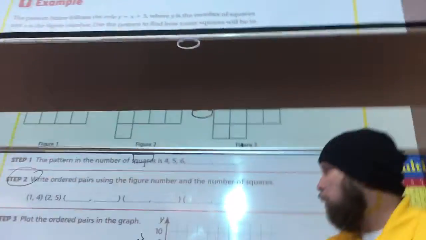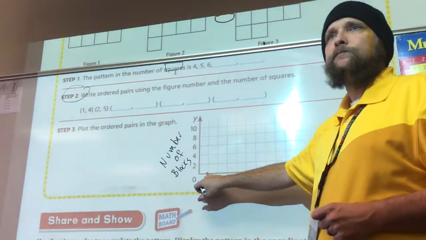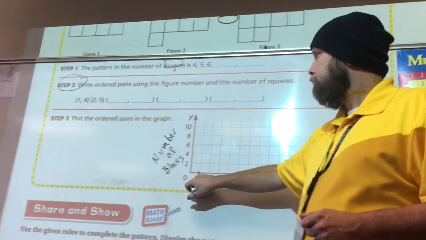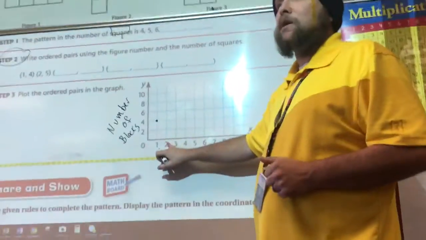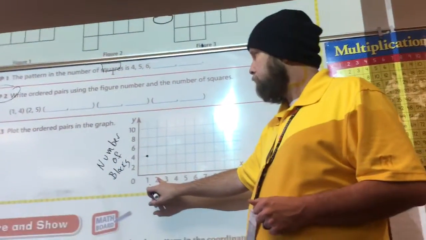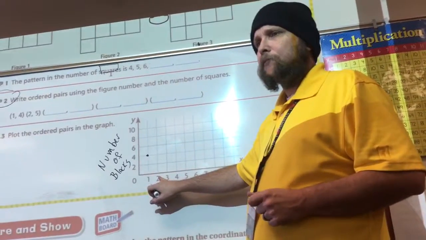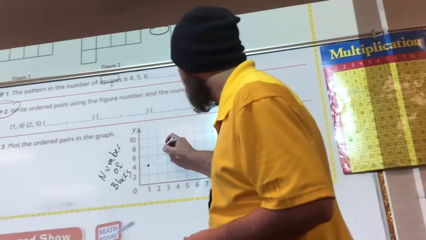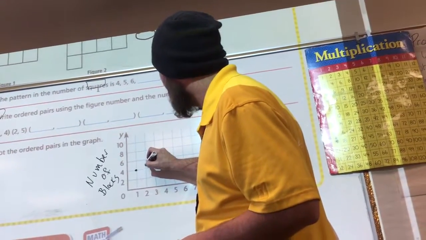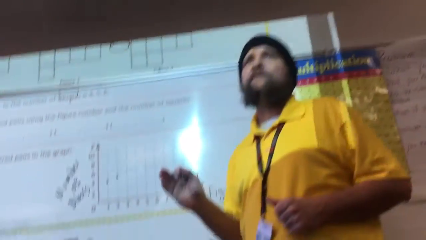Okay, so figure 1 had how many blocks, Jocelyn? 4 blocks. Figure 2 had how many blocks, Joseph? Not about, exactly. 5 blocks. And that's halfway between 4 and 6. Some of you yesterday said, there's no line for 5. It's easy to do.